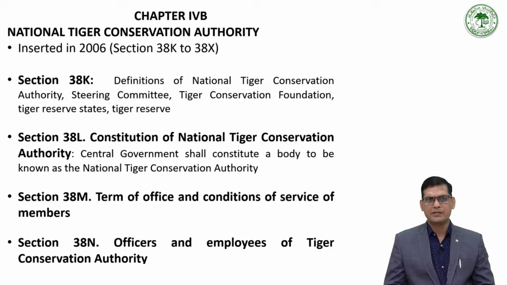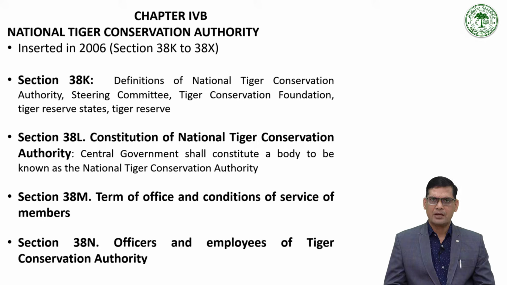Section 38L of this chapter says that the central government is supposed to constitute a body known as the National Tiger Conservation Authority for the purpose of exercising the powers and functions assigned under this Act. It also provides the details about the members and the composition of the various bodies of the National Tiger Conservation Authority.